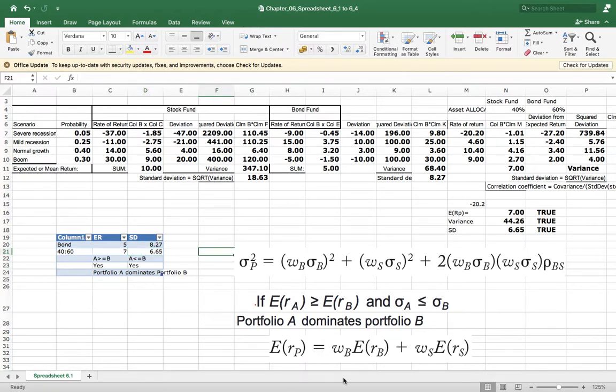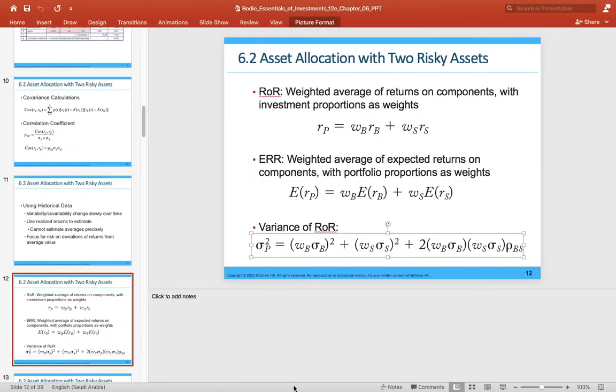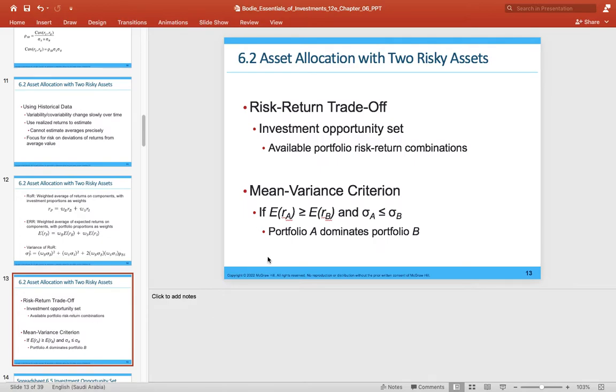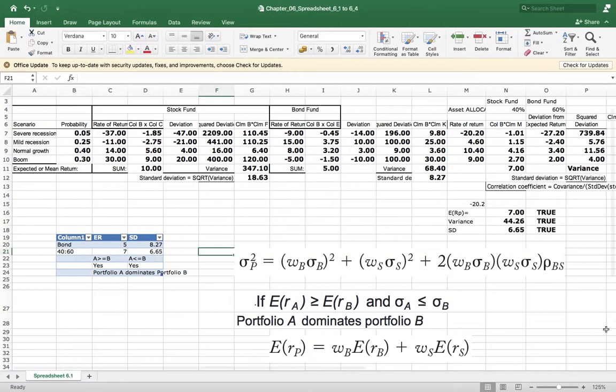So this is called, just go to the next slide, the mean variance criterion. What is the mean variance criterion?